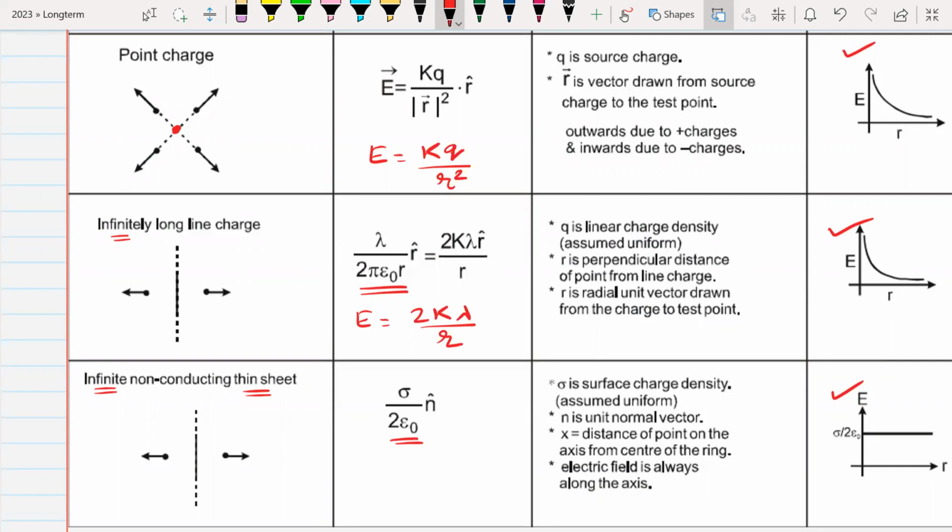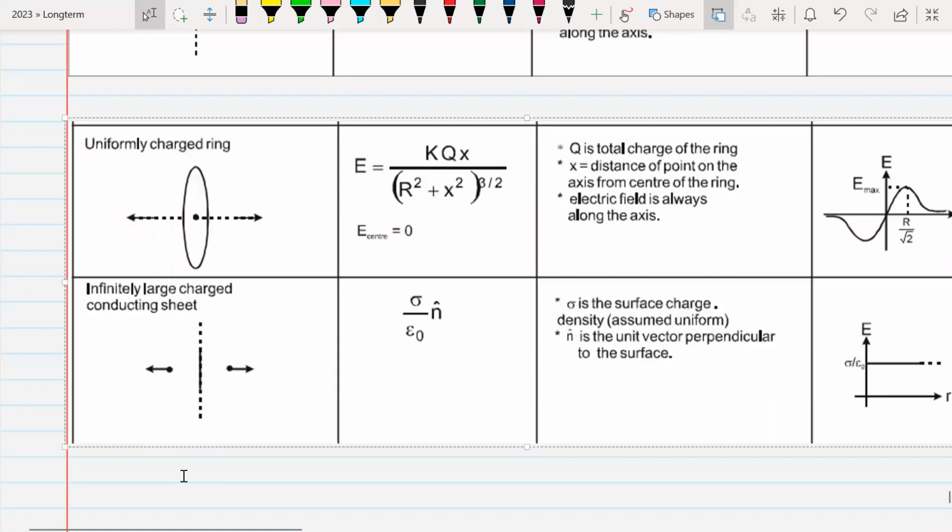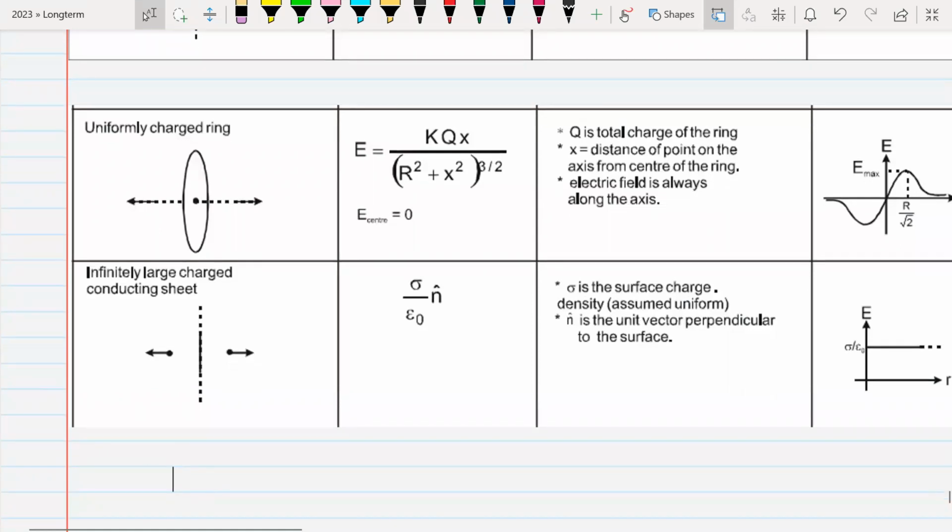Now let me put the next two. I hope you can see this. This is the electric field. Just give me a minute. I'll put the next three so that you can note them down.